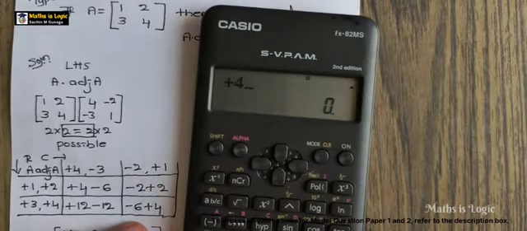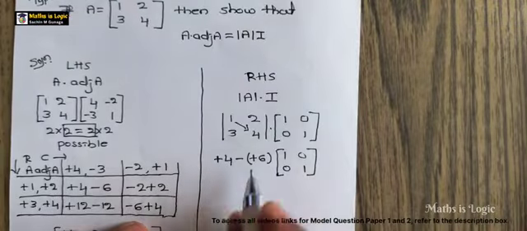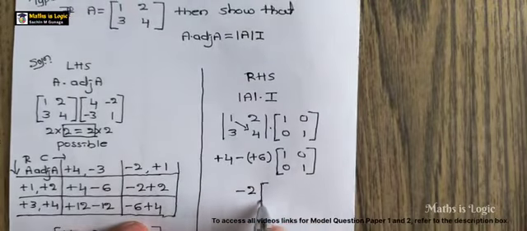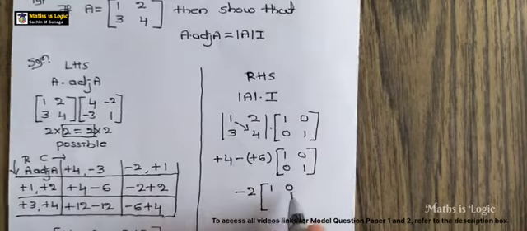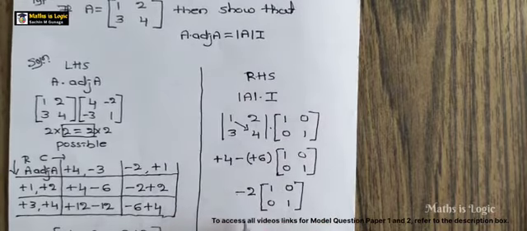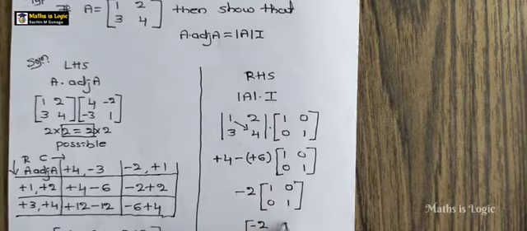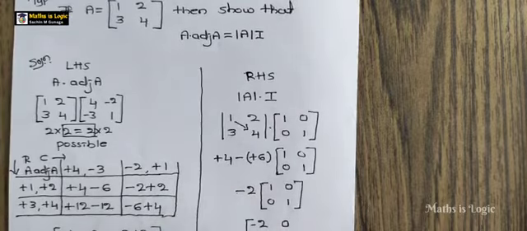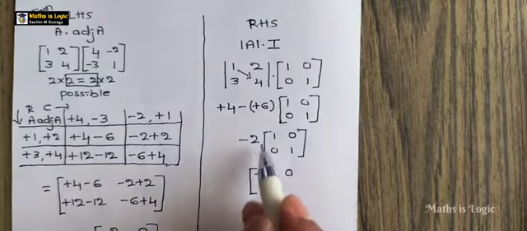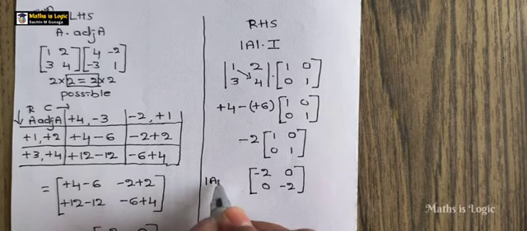So write minus 2 into identity matrix 1 0 0 1. Finally, multiply. Minus 2 into 1 is minus 2, minus 2 into 0 is 0, minus 2 into 0 is 0, minus 2 into 1 is minus 2. So this is the value of determinant of A into I.